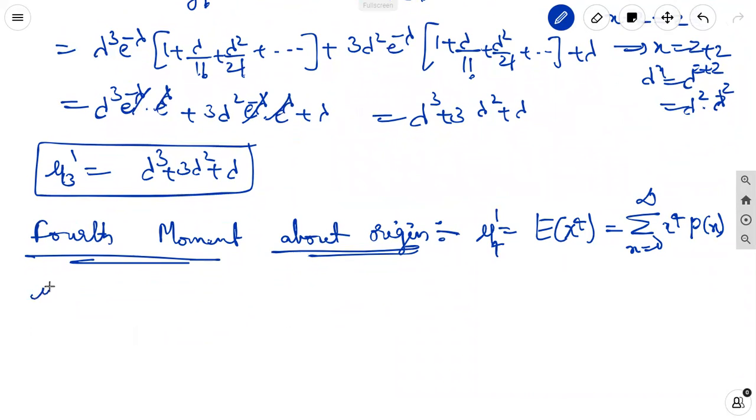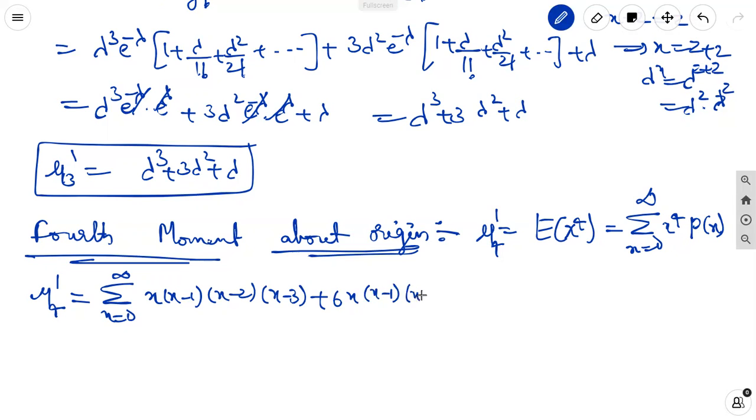That x to the power of 4 can be written as summation x equal to 0 to infinity x into x minus 1 into x minus 2 into x minus 3, plus 6x into x minus 1 into x minus 2, plus 7 into x into x minus 1, plus x. P of x means e power minus lambda into lambda power x by x factorial.